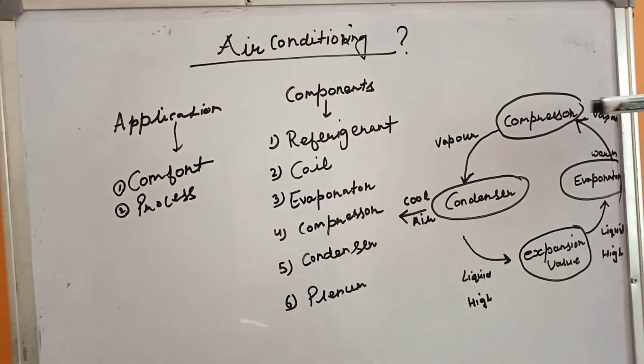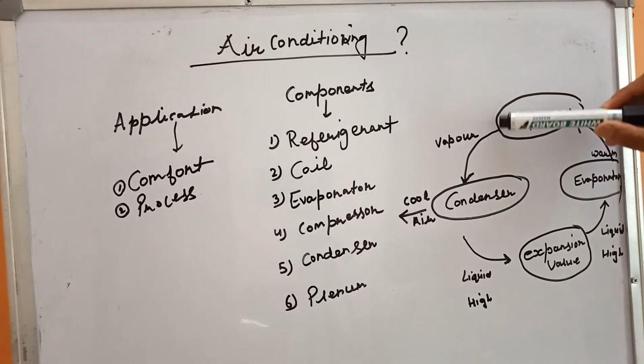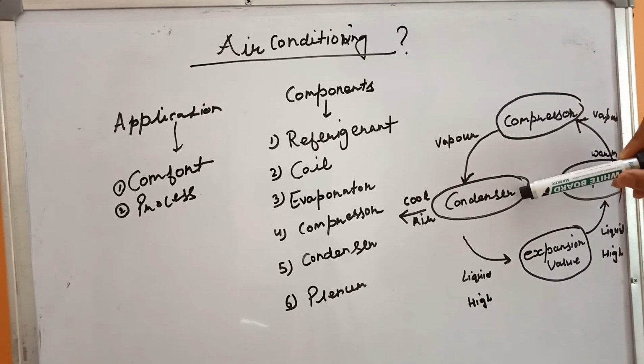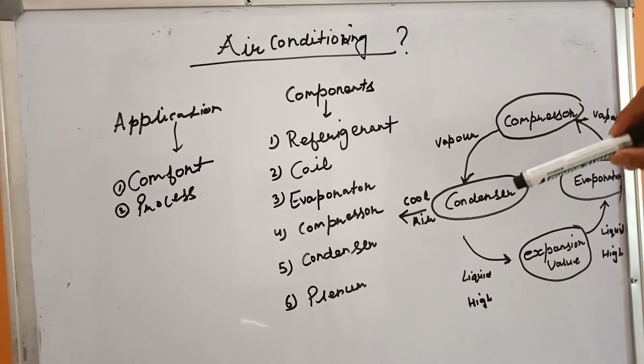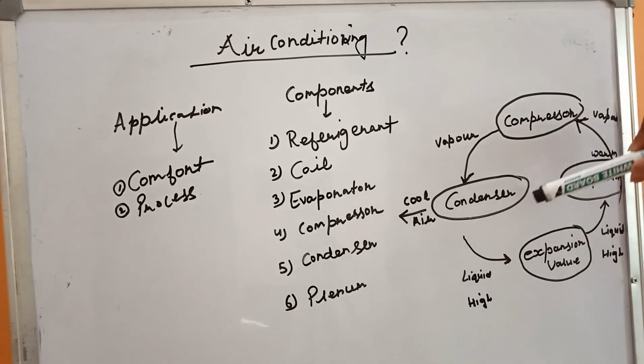Now we come to the cycle of air conditioning, how it works. From the evaporator first, we get warm heat from the surroundings, and it goes to the compressor through refrigerant in vapor state, and the compressor squeezes the molecules, and it goes to the condenser with heat, and the condenser changes the refrigerant to liquid state and releases the heat from this part.